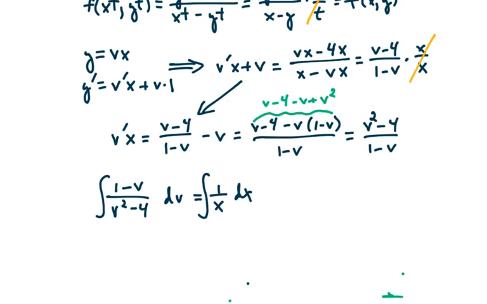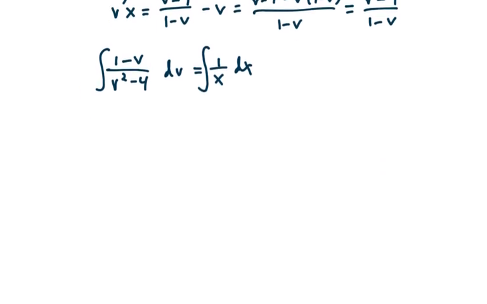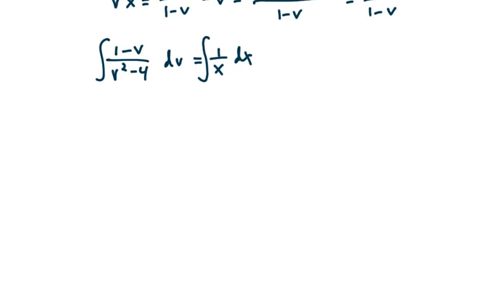So on the left-hand side, I see that that is going to be partial fraction decomposition. Now I have gone ahead and done the partial fraction decomposition, but you should make sure that you can do it on your own. And what you should get is negative 1/4 over v minus 2 plus negative 3/4 over v plus 2 dv.